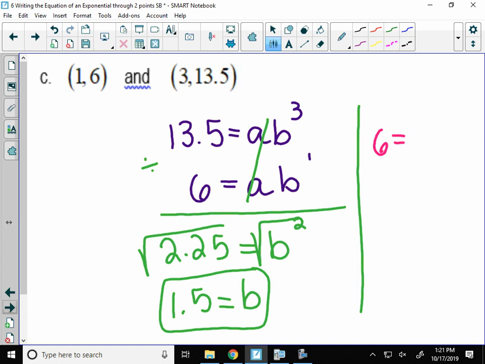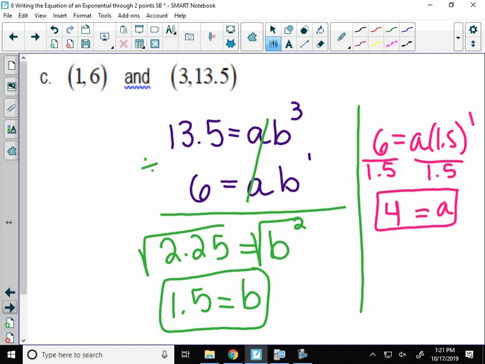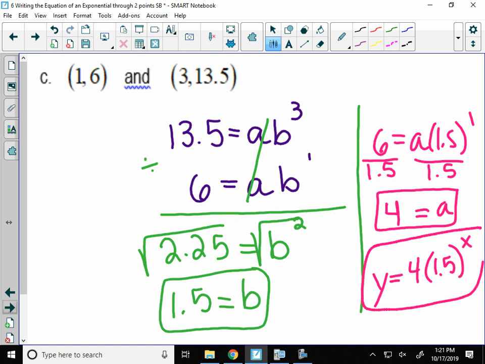So 6 equals a times my b to the 1st. So I don't even have to do any exponents because anything to the 1st is itself. So I divide by 1.5. What's a? 4. Cool. I have a, I have b. My final answer is 4 times 1.5 to the x.